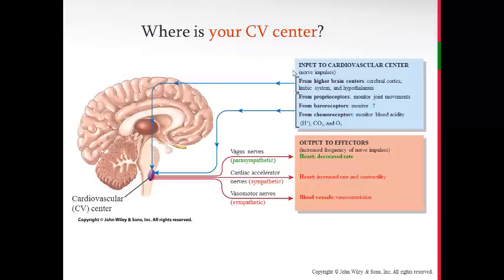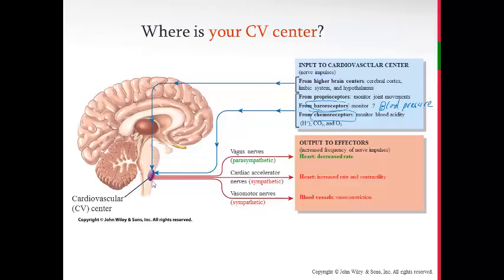One very important thing is that our baroreceptors, which monitor blood pressure, as well as our chemoreceptors, after they monitor the chemical changes like proton concentration, CO2, and oxygen, send their messages to the cardiovascular center. It's right here in this region.